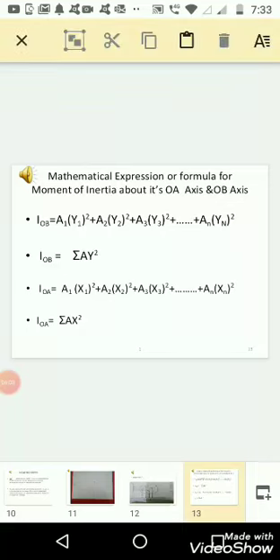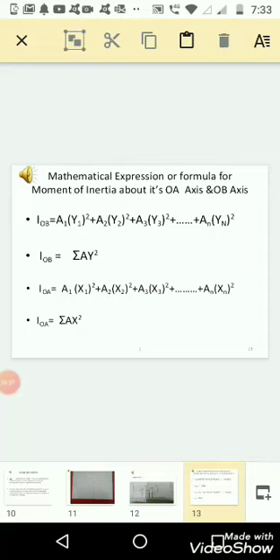The mathematical expression or formula for moment of inertia about its OA axis and OB axis. This mathematical formula is with reference to the diagram which we have just studied. IOB, that is moment of inertia about axis OB, is A1 y1 square plus A2 y2 square plus A3 y3 square and so on till An yn square, which can be written as IOB is equal to summation A y square.